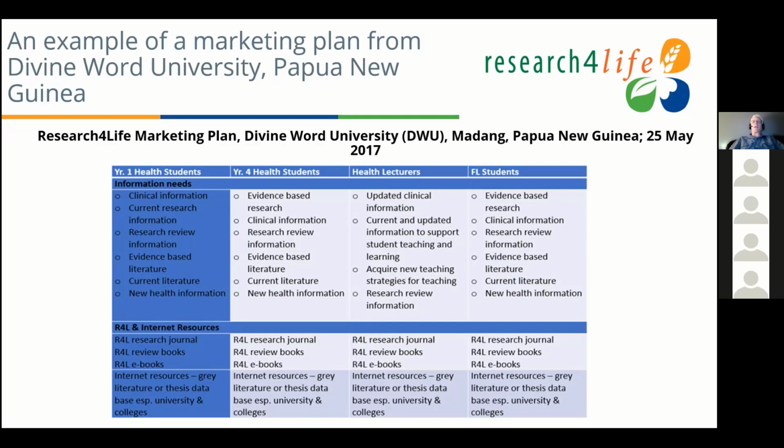So you can see they have listed the kind of information each group would need. Then in the second horizontal grouping here, they have listed which Research for Life resources. In the next group, they've talked about internet resources, et cetera. So it's a nice little tool that they have developed here.